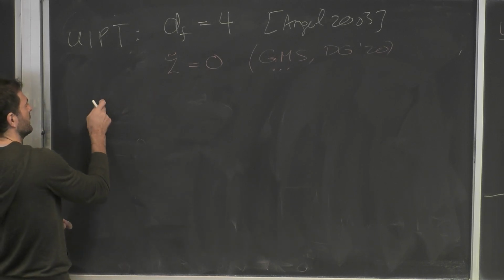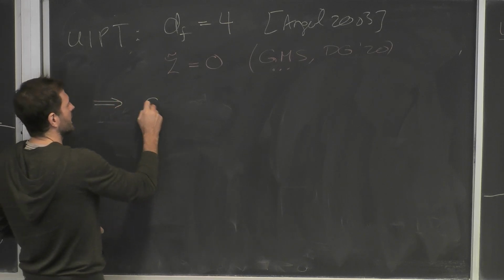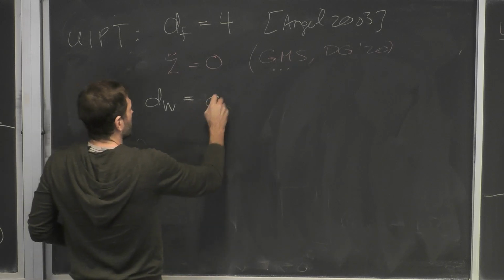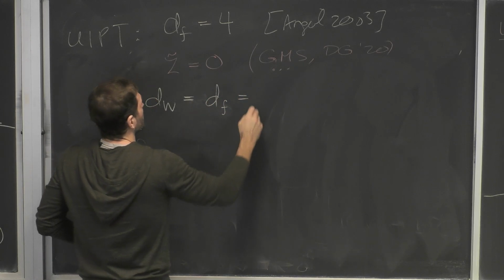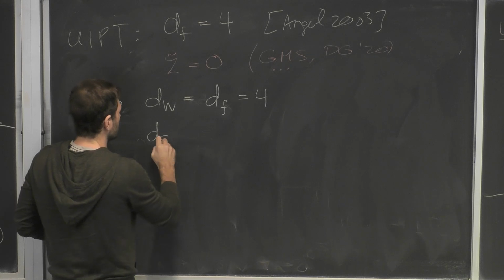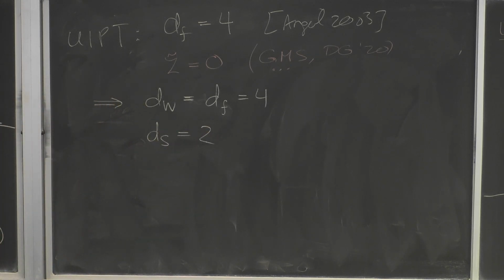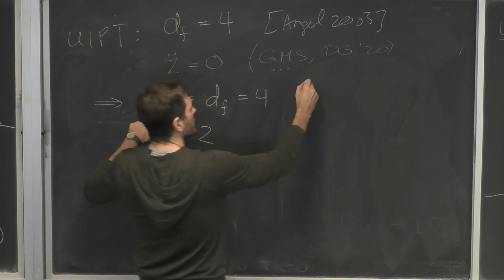And then this implies that the walk exponent here is equal to df, which is 4, and that the spectral dimension is equal to 2. And again, this was something that actually took quite a long time.